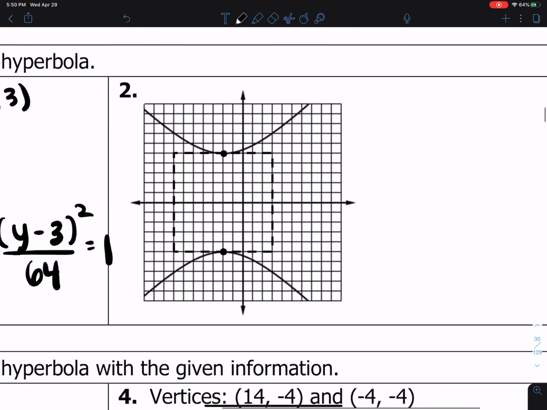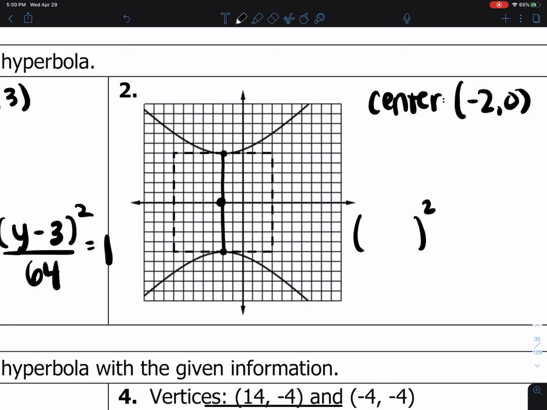Okay, on the next one, we're going to draw the line in between here, and then the middle of that is the center. So the coordinates of the center on this one, that would be -2, 0. This hyperbola opens vertically, so that means that y is first.